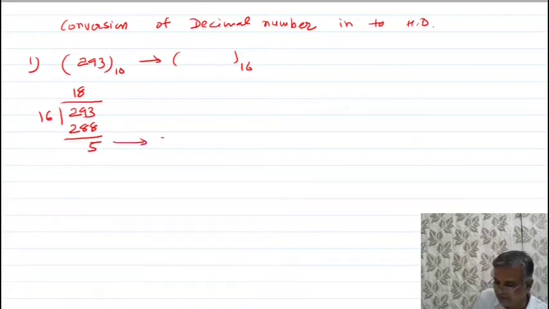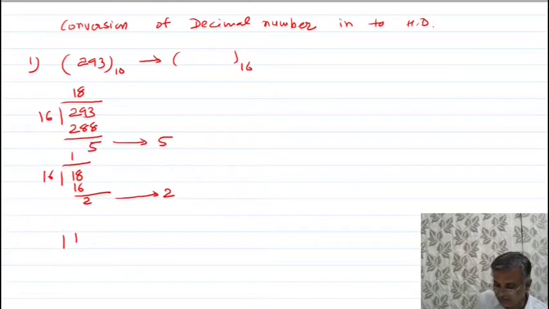I am writing this remainder 5. The quotient is 18. 18 divided by 16 gives 1, and the remainder is 2. So this is your 2.